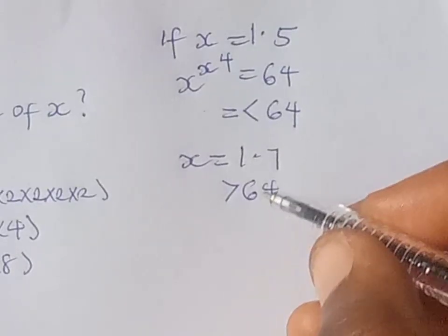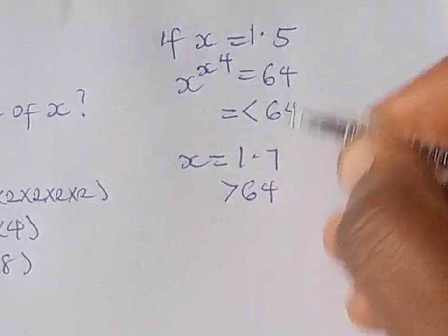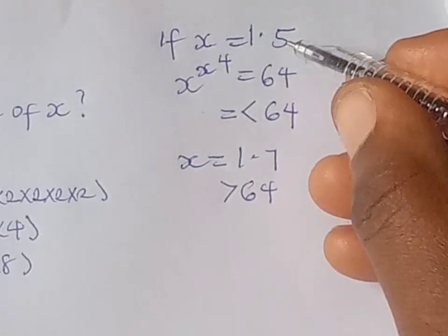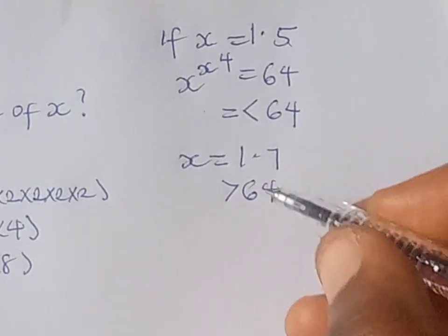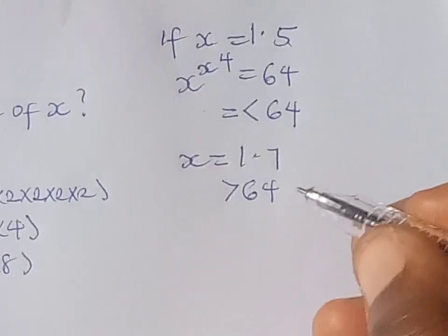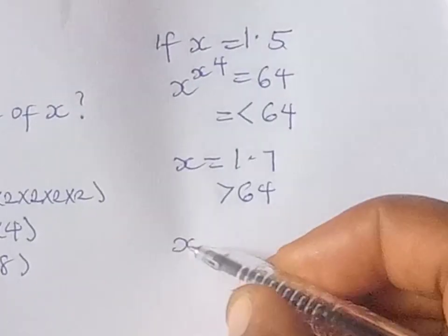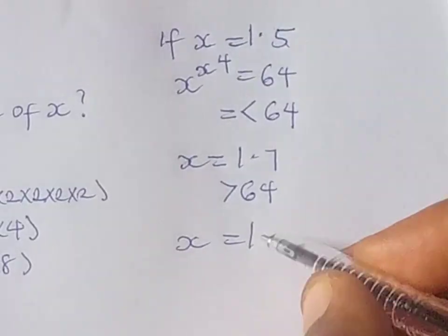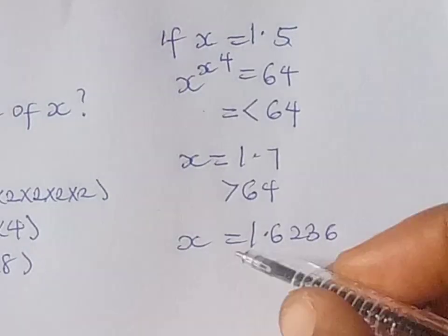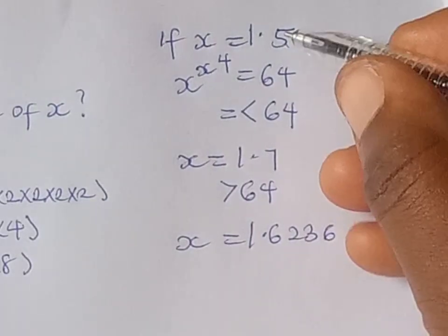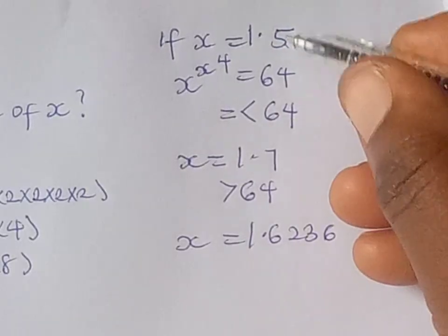That means the answer lies somewhere between x equals 1.5 and x equals 1.7. Using a numerical solver or method, our x will now be 1.6236, because our x lies between these two numbers.